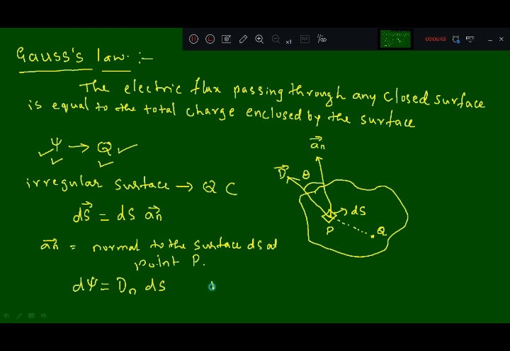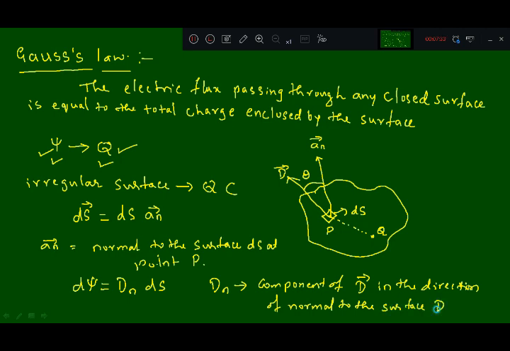This is nothing but the component of D in the direction of the normal to the surface ds.